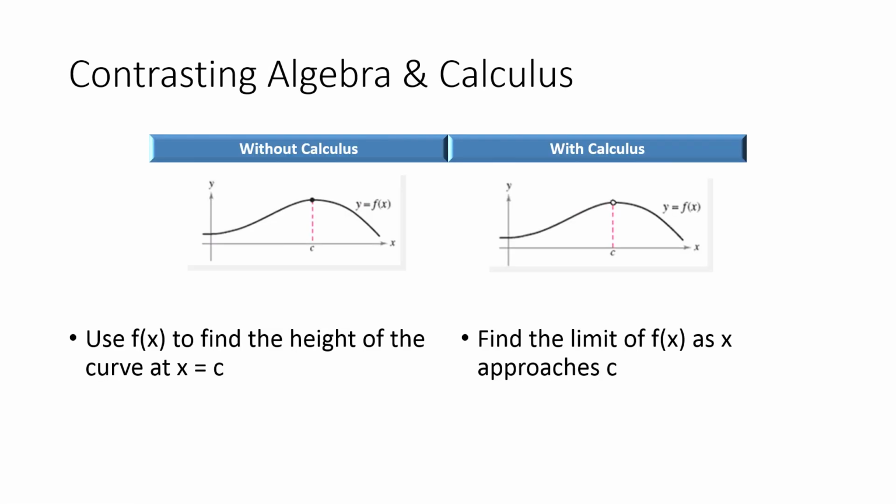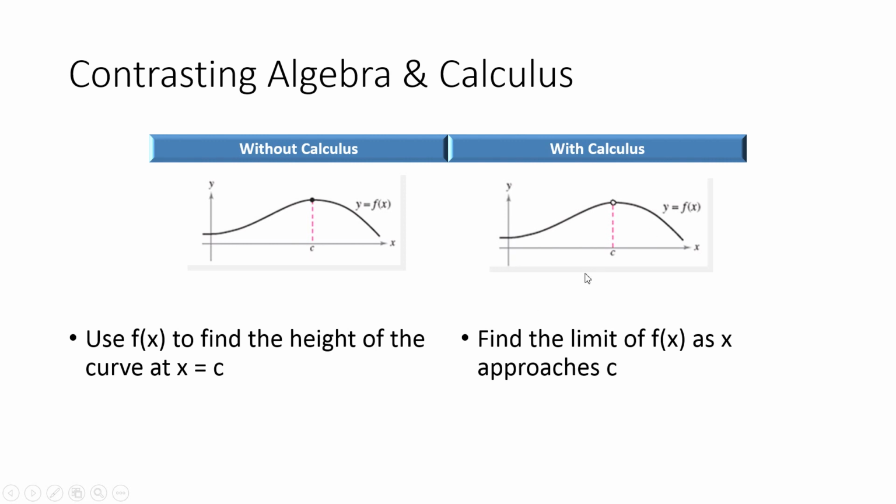So what is the difference in life with calculus and without calculus? Without calculus, if we have a graph of a function, we can find the height of the curve at any point in the domain, say x is equal to c.